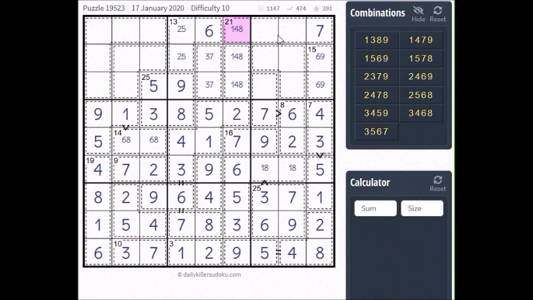Now the 21 here must include 7. It can't include a 6. It also cannot include 2 and 5. It must include 1, 4 or 8. So this is not 2, 3, 7, 9.